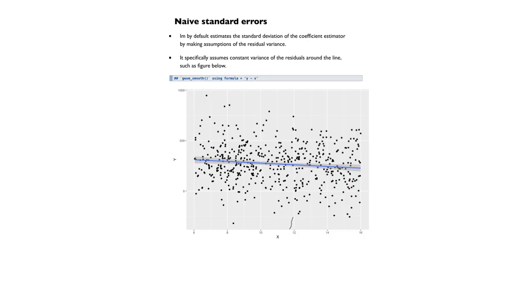It's the fact that it's going to assume something about the variance model, which the default is that the variance is constant, right? That'll be the variance around this line. It's always the same. So constant variance assumption.